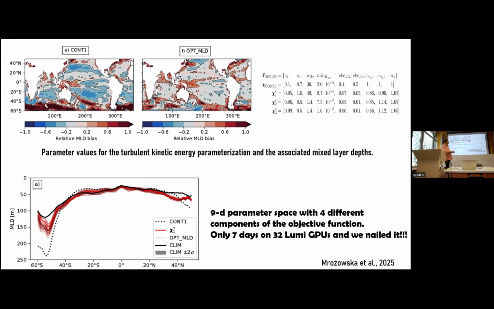So it's nice that the model here recovers the bias in ERA5 winds. By doing this, we get away with much smaller values for the Gent-McWilliams mixing, which then keeps our mixed layer in the tropics deeper. So I think there are a couple of nice insights here. One is we are relatively fast. Within a week, we could optimize this model.